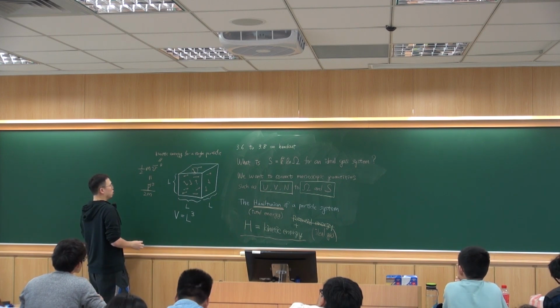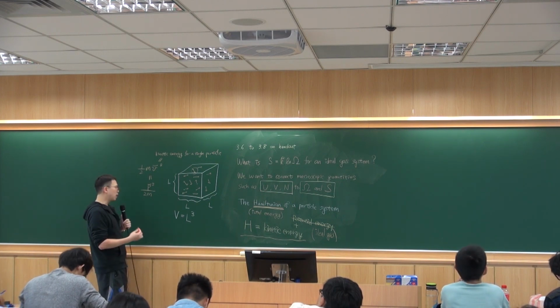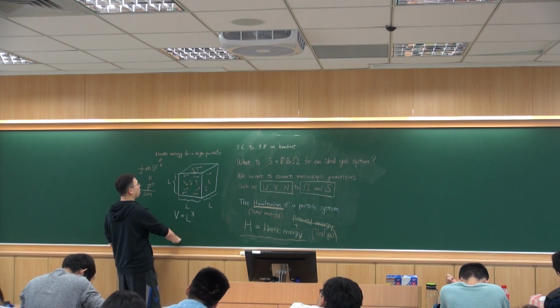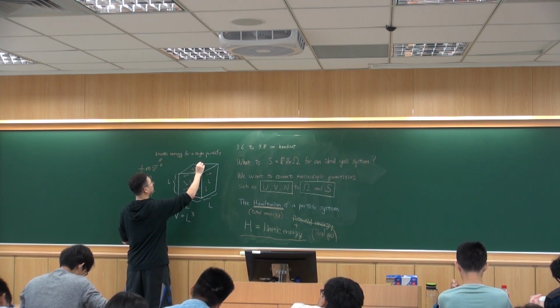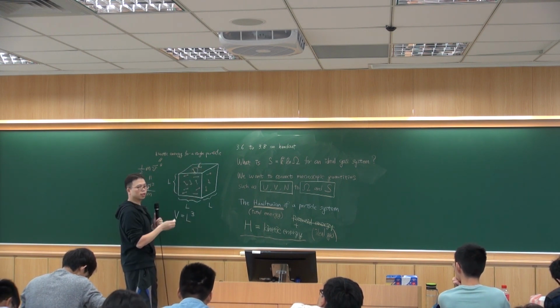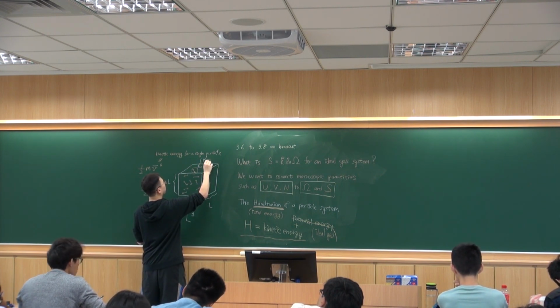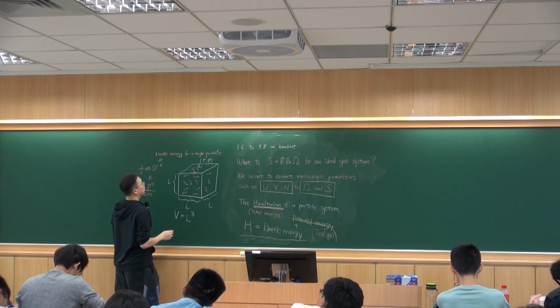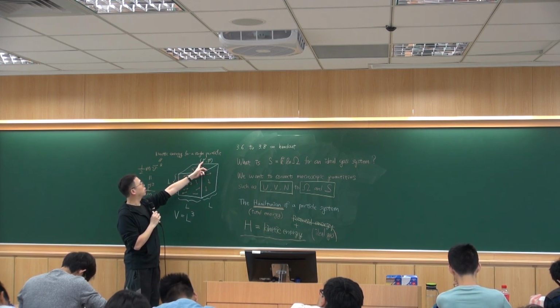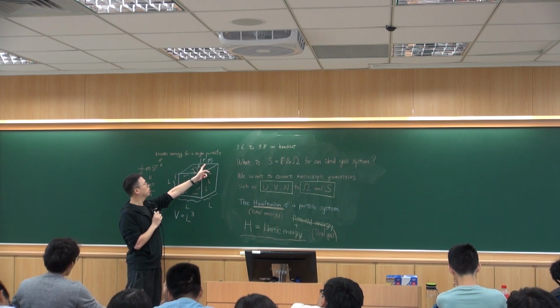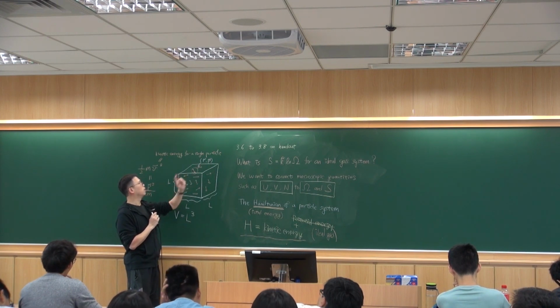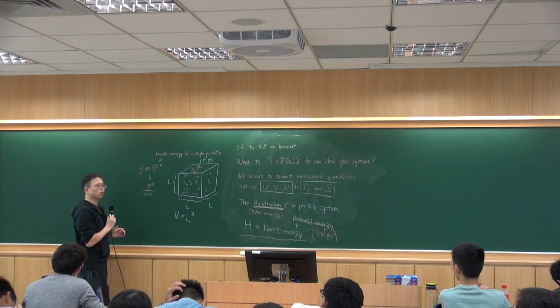Okay. So to describe the dynamics of each particle, we need 6 coordinates. Typically I'll write r and p. And r is the coordinate of the particle, and p is the momentum of that particle.